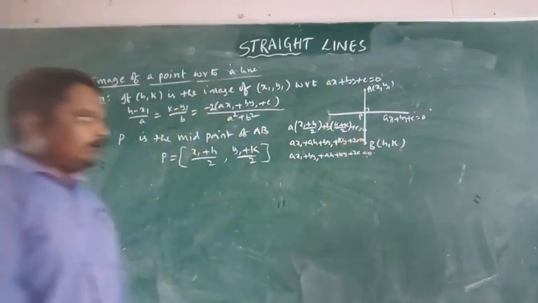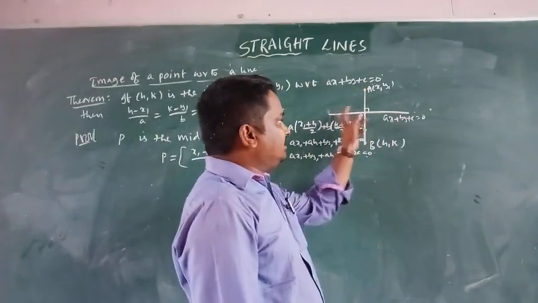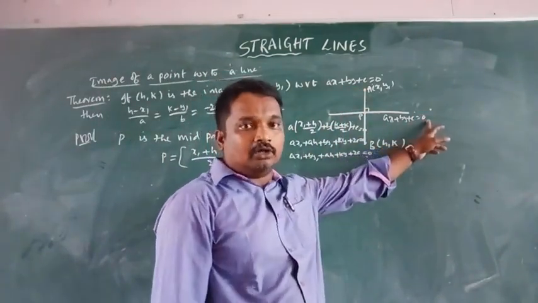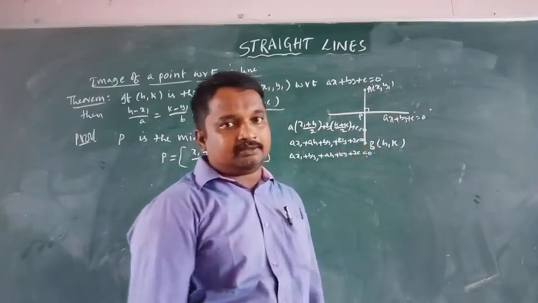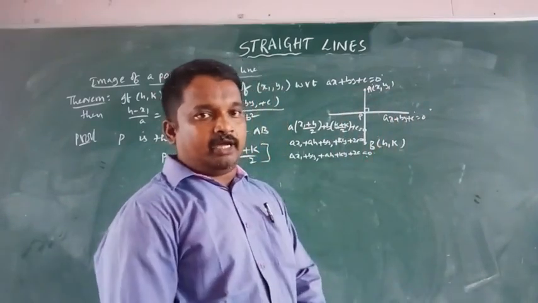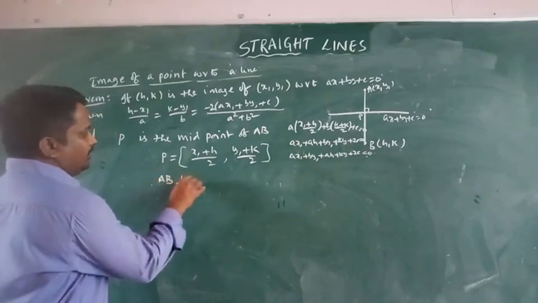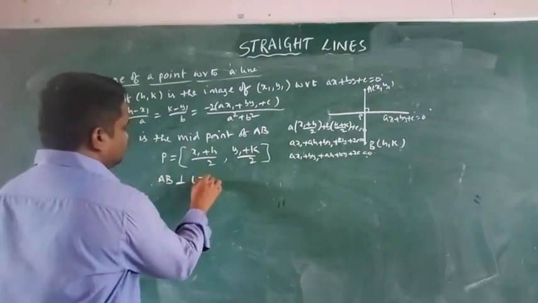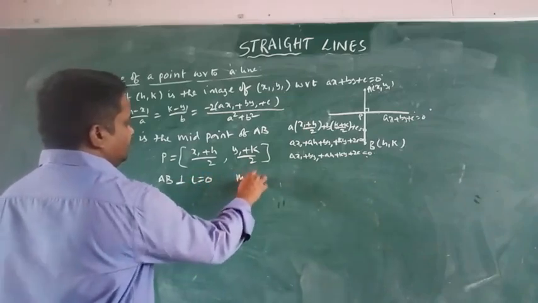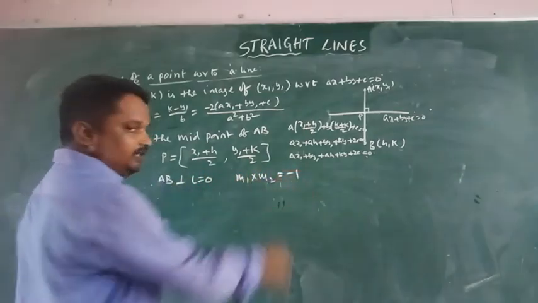Okay, right. Now again you observe this AB line and this ax plus by plus c equals 0 are perpendicular lines. So their slope product is equal to -1. That means AB is perpendicular to L equals 0, therefore m1 into m2 equals -1.